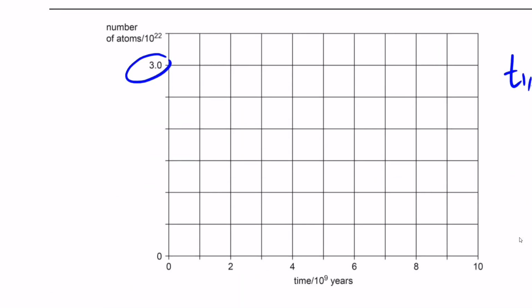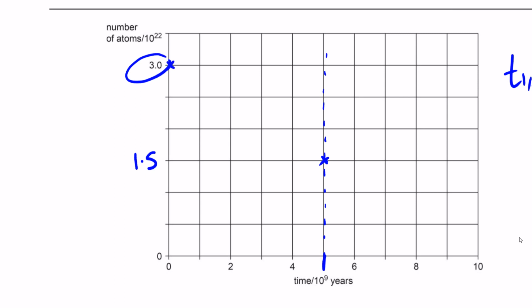So we know that after that time we're going to have half the number of original nuclei. If we're starting with 3 times 10 to the 22, we're going to end up with 1.5. So here is 1.5, so we know our graph is going to have to cross through that point.